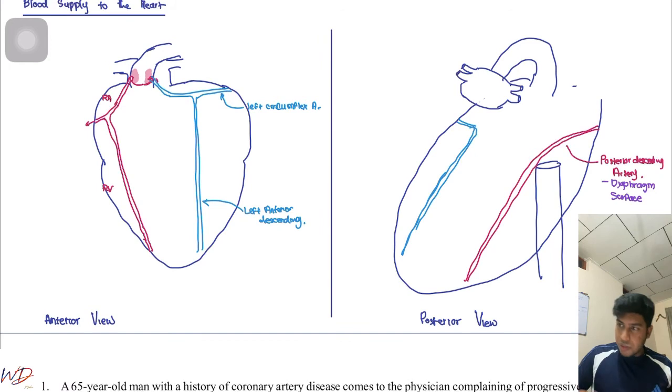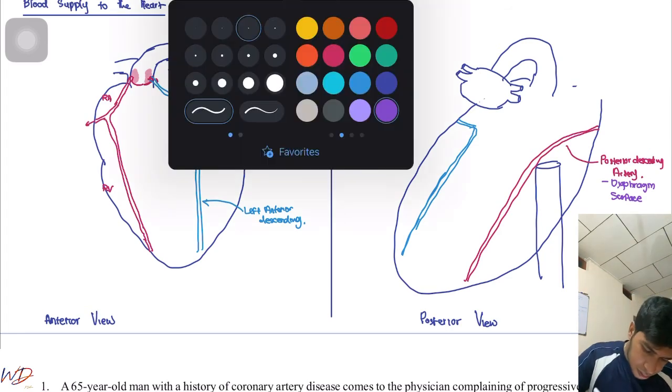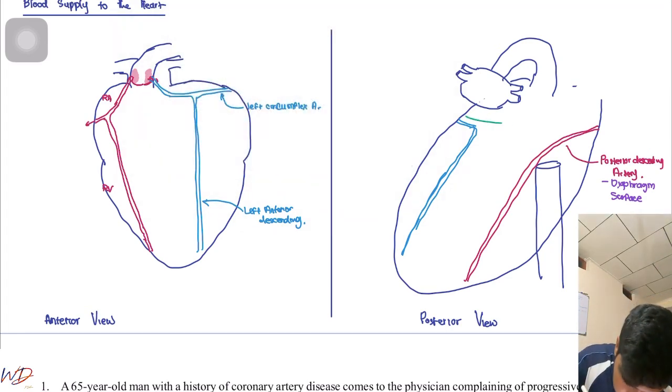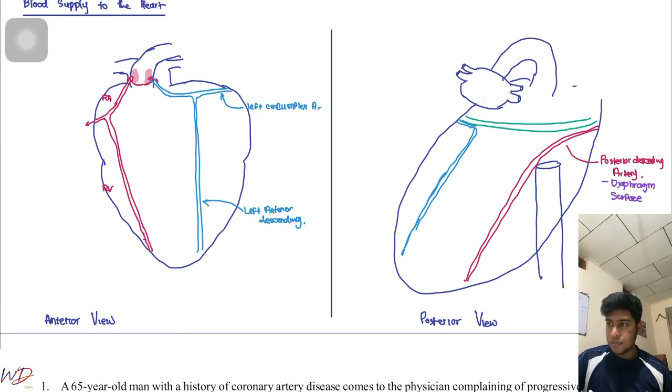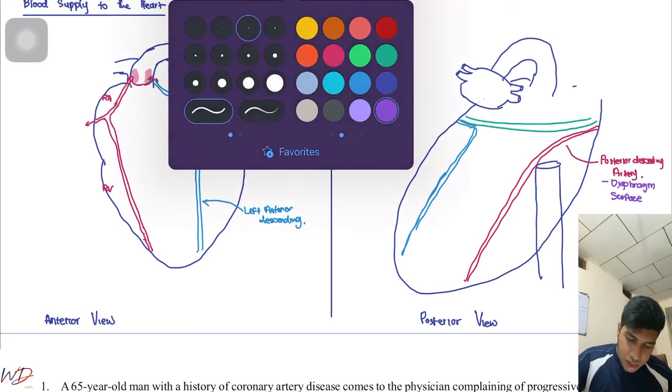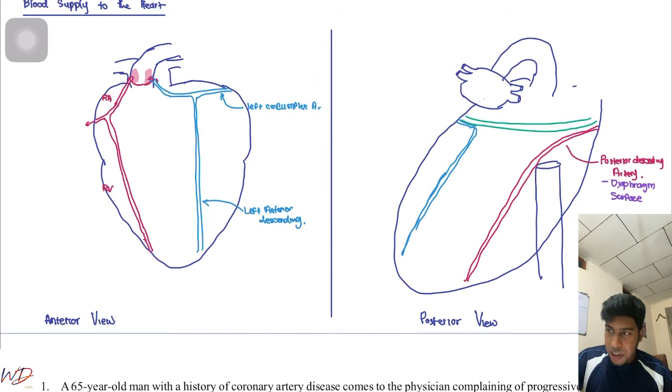Next I will talk about the venous drainage of the heart. Now, there is going to be a sulcus like this. That is where we have the coronary sinus.